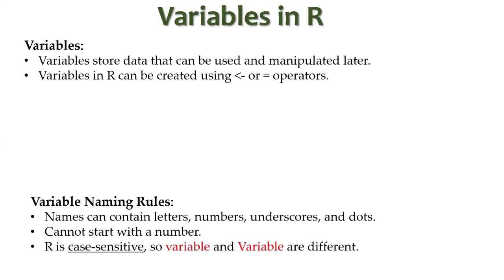So when you name your variable with small letters, and then later you come back and want that same variable, but you use a single capital letter in any of the names, R will treat them differently. It will tell you that it doesn't know what you want. So if you are using small letters, you have to use small letters throughout. If you are using capital letters, you have to use capital letters throughout, so that you don't cause any confusion for the R programming language.